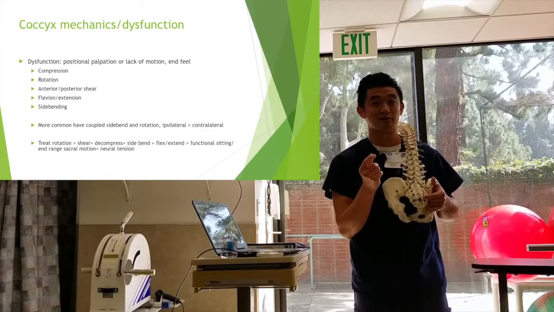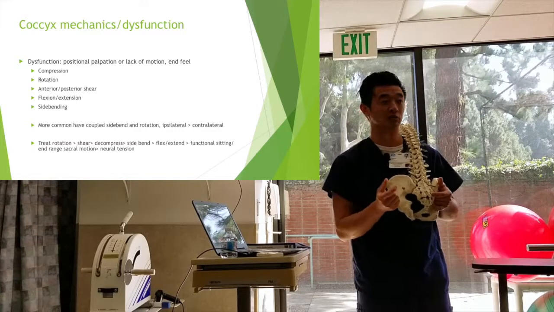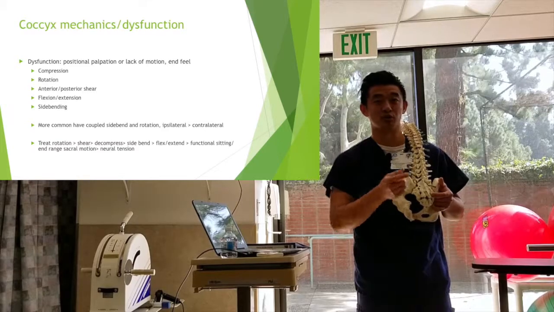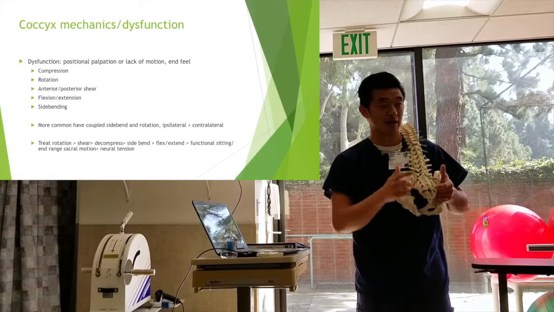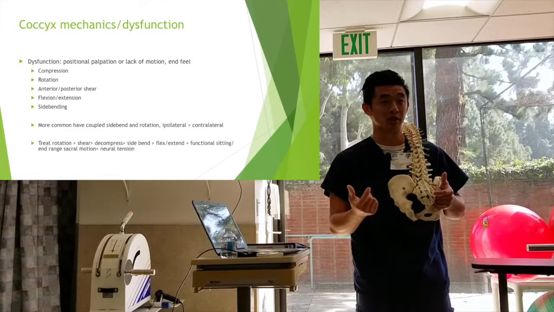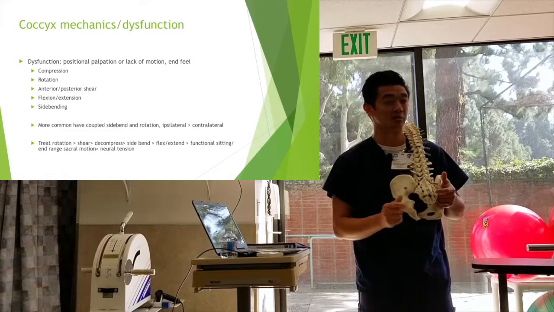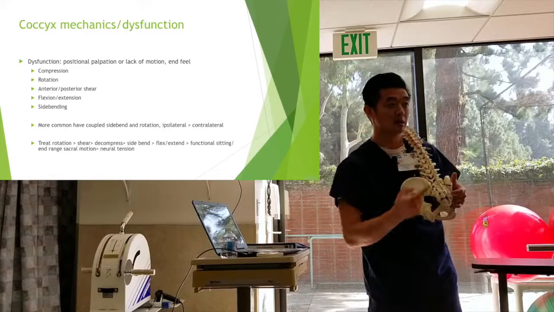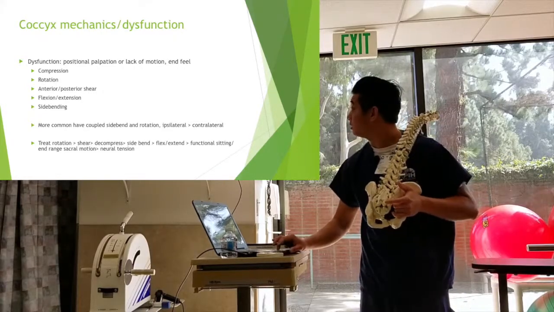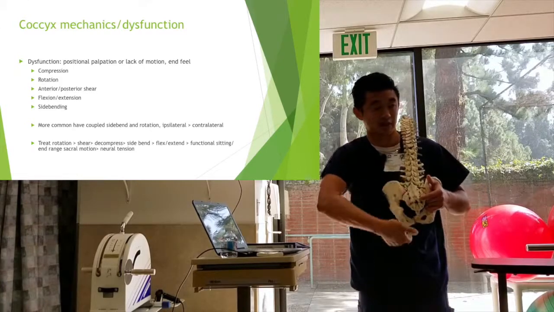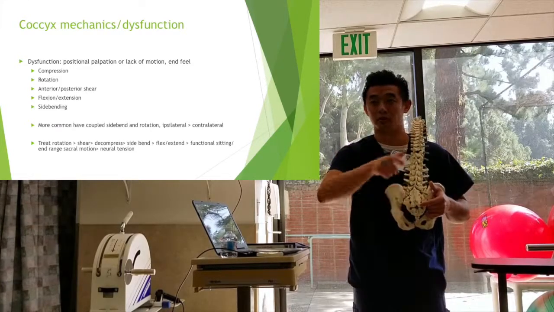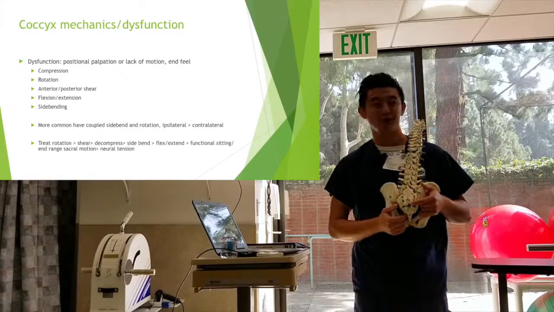That one I feel is always very difficult to treat and to feel because there are so many other tissues blocking forward and backwards. A lot of times, if you just feel a bilateral drop-off, that's an anterior shear. I feel that it's almost impossible to treat because you would have to go in. That is also correlated with flexion extension of the coccyx, where it's dipped in, dipped forward, whatever.